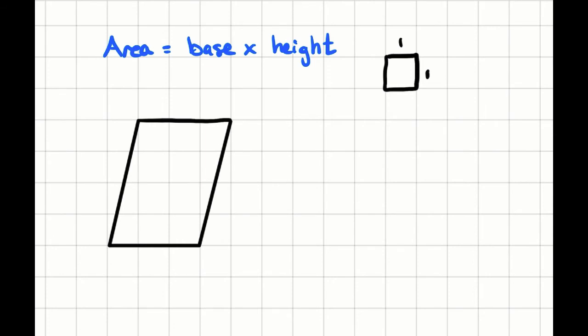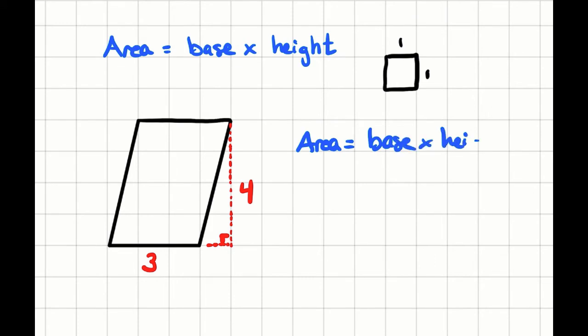All right, so again, this is going to be a parallelogram that's got a base of 3, and it's going to have a height of 4. So to find the area, it would be base times height. So it would be a base of 3 times a height of 4.